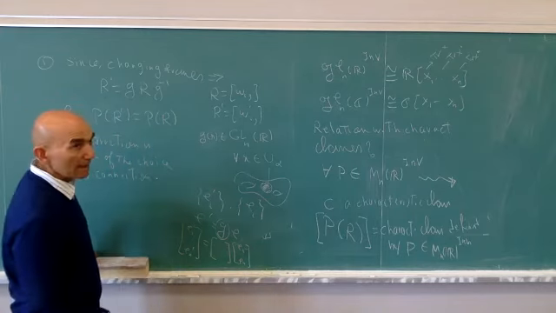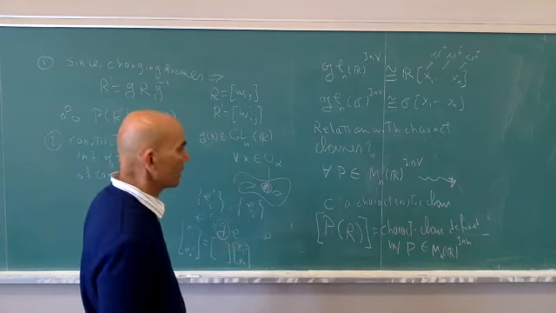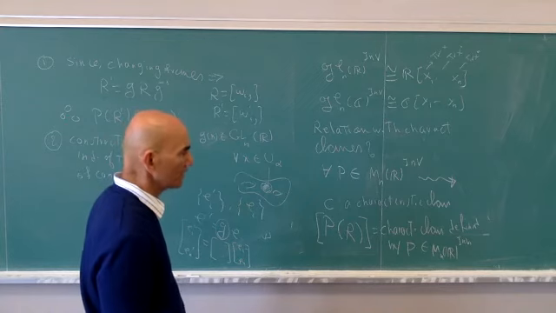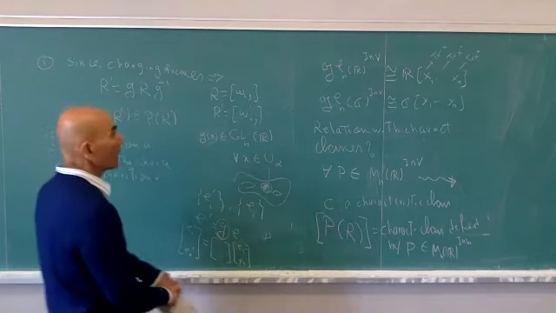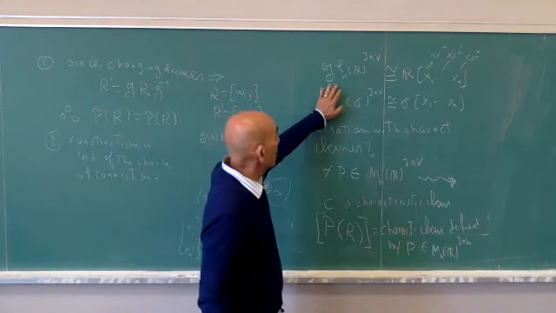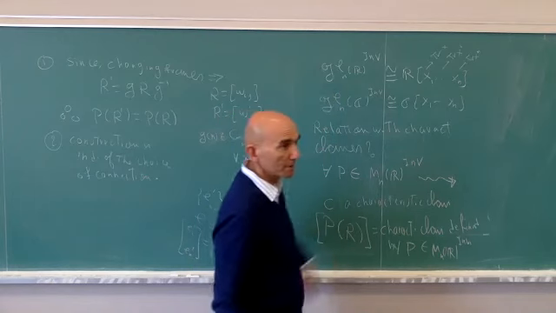Okay, so this is a very general method, yet another method to construct characteristic classes. In other words, you study the invariant polynomials on your Lie algebra, and any invariant polynomial gives you a characteristic class.